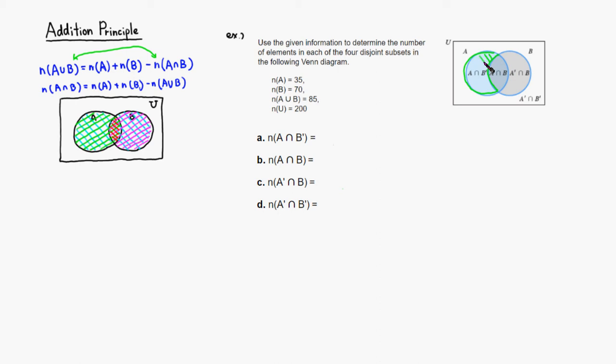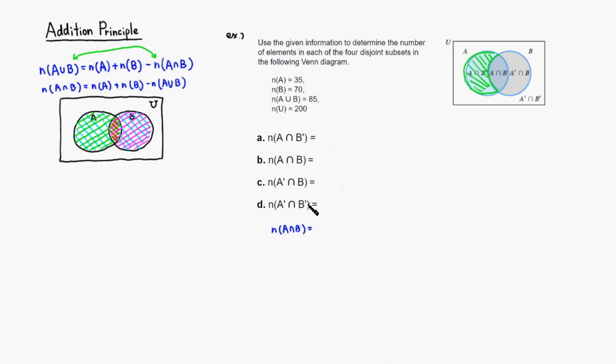Since we already know the number of elements in A, if I know the number of elements in A intersect B, we would be able to find the number of elements in A intersect B complement. So let's find that. We want to find the number of elements in A intersect B, so I'm going to use the second equation here.